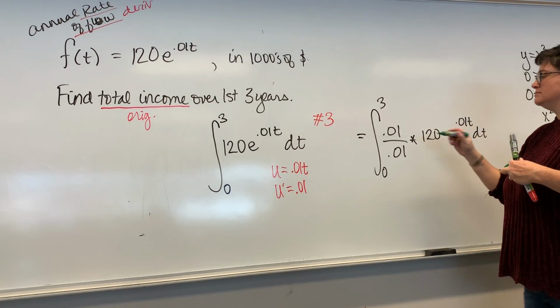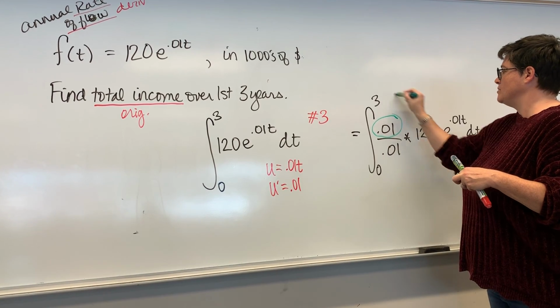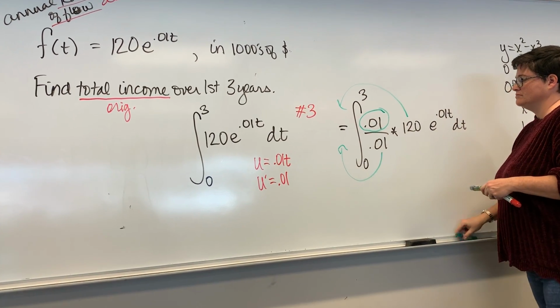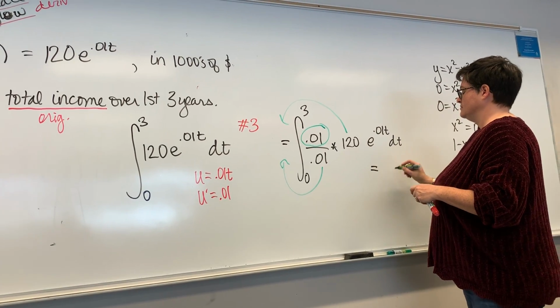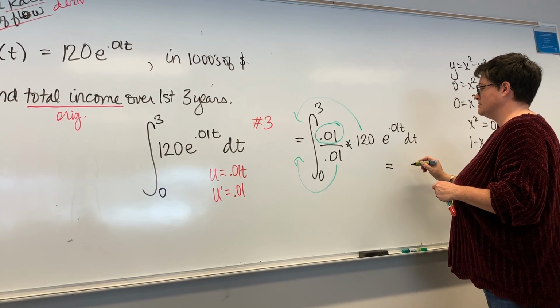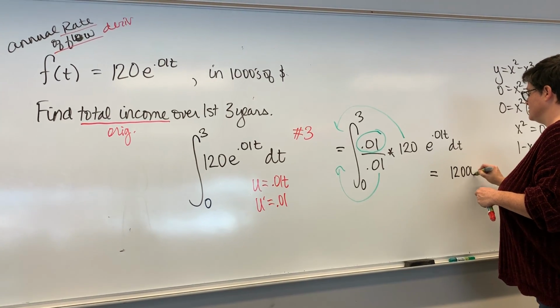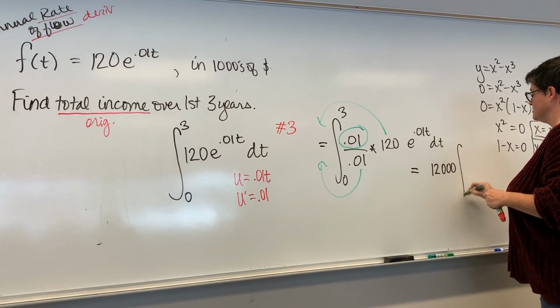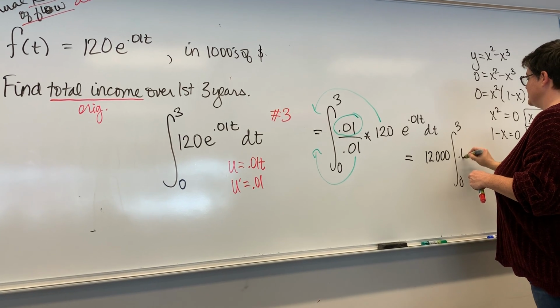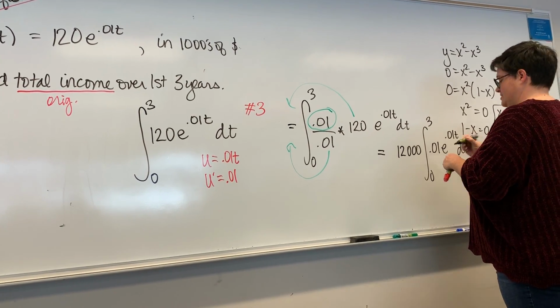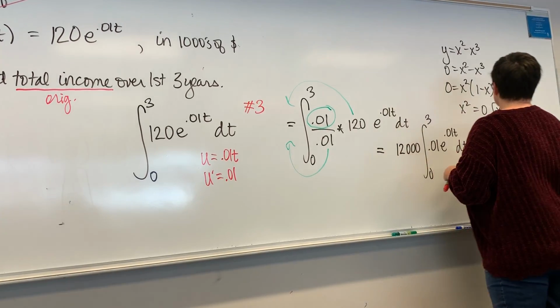Circle what you want, kick out what you don't. This equals 12,000, integral from 0 to 3 of 0.01 e to the 0.01 t with respect to t.